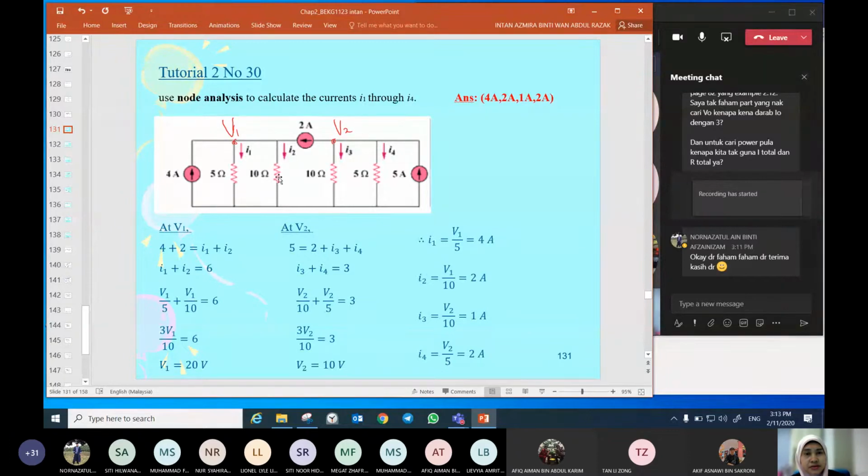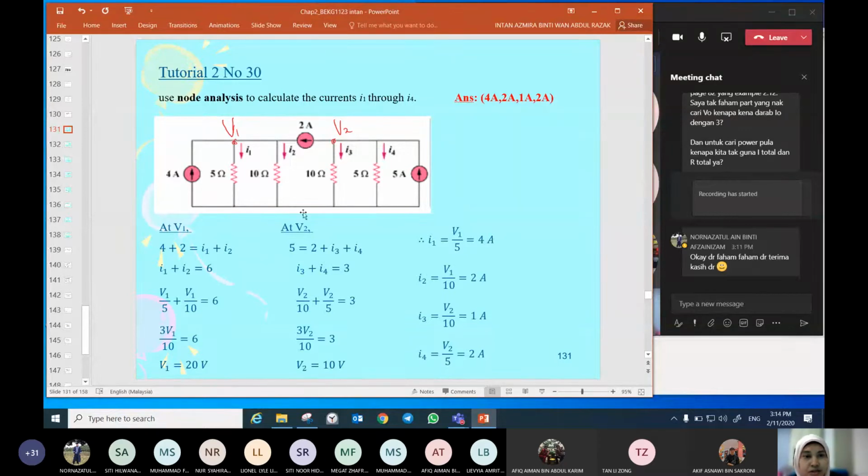The first step is to assign nodes. This circuit has 2 nodes, V1 here and this is V2. We name them V1 and V2, or you can name them VA, VB, up to you.